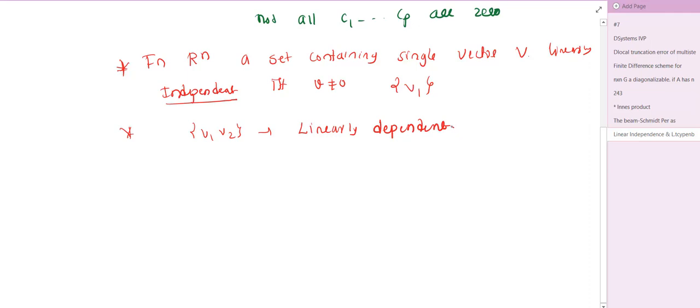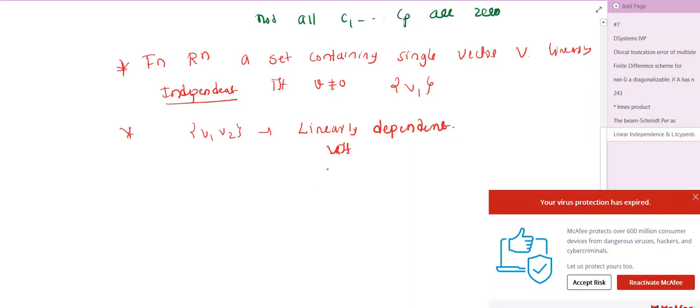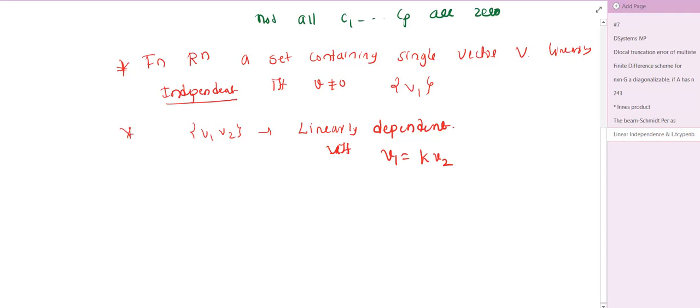When it is linearly dependent, it is possible if and only if v1 is a scalar multiple of v2. If one is the scalar multiple of the other vector, then we say that they are linearly dependent.